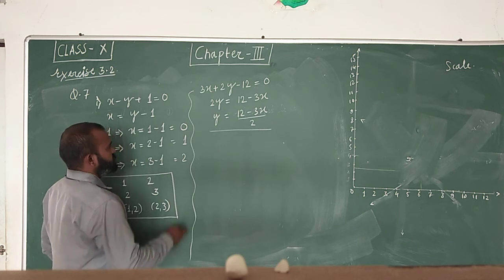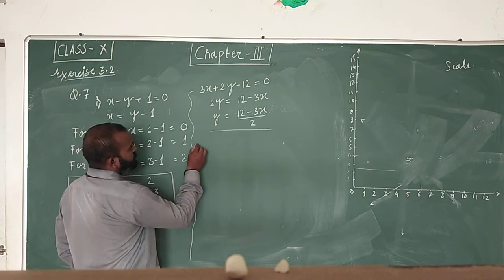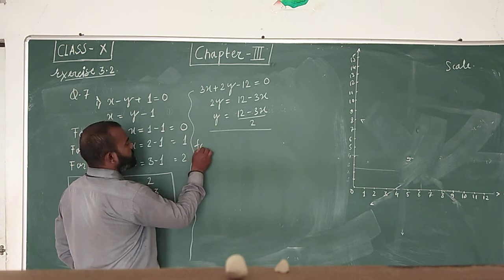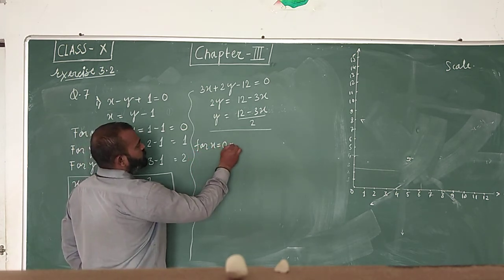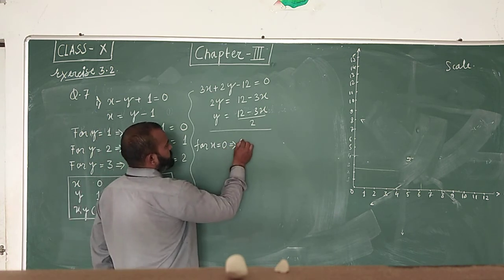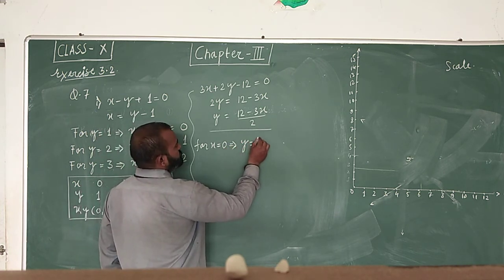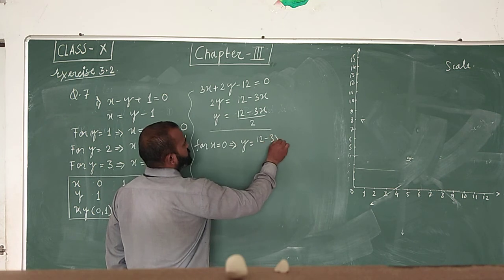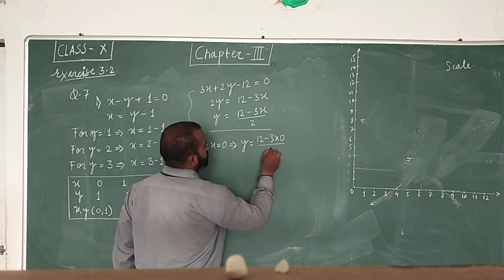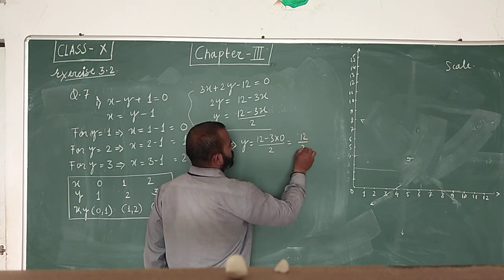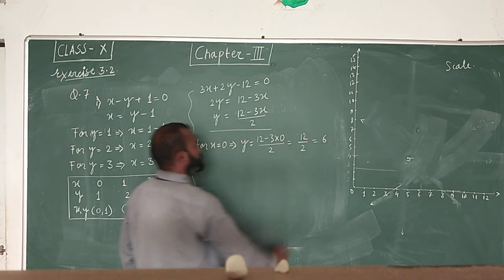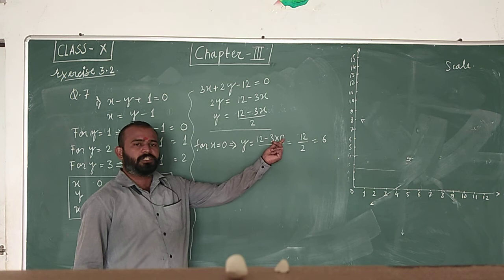Okay, so let's start. For x is equals to 0, what will y be? y will be equals to 12 minus 3 into 0 upon 2. That is 12 upon 2 equals to 6. 3 into 0 is 0.